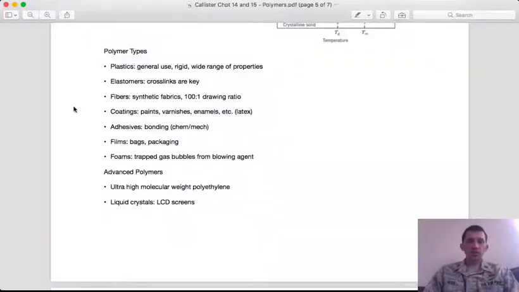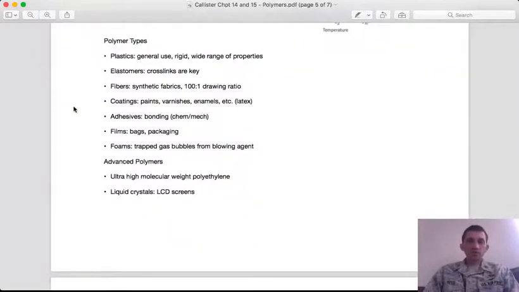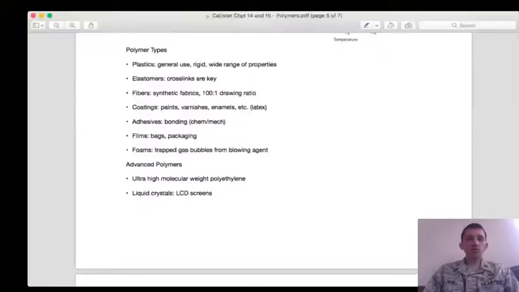Polymers are everywhere. They're used for lots of different things, and they provide, in a lot of cases, very different properties from our metals. First of all, they're a lot cheaper, they're a lot lighter, they're resistant to corrosion, and they have low thermal and electrical conductivity, and so those properties make them suitable for a whole slew of different uses.